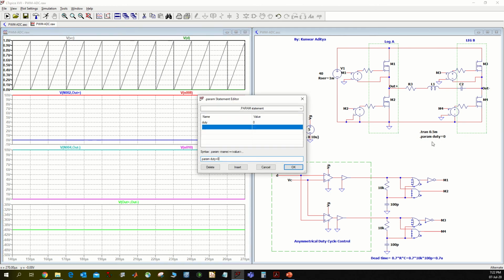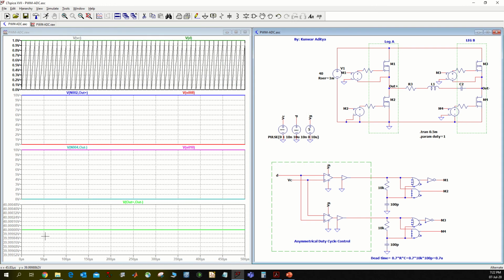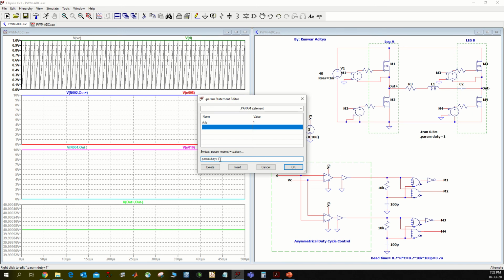And what happens if I make the duty cycle 1? See, output voltage stays constant at 40 volt. So by varying from 0 to 100% duty cycle, you are essentially changing the output from minus 40 to 40. And the intermediate stage will give you the AC kind of wave shape with positive and negative half cycle.